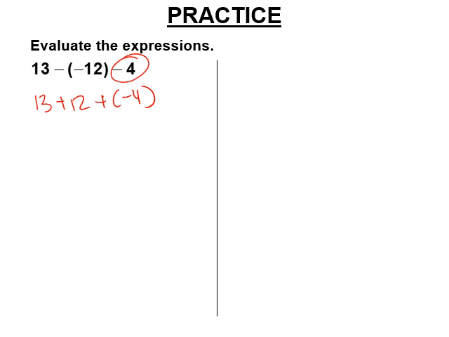Right, subtracting 4, same as adding negative 4. So those add up to 25. Please pause these videos and do them before I give the answer, especially in the practice. That way you know if you understand it.